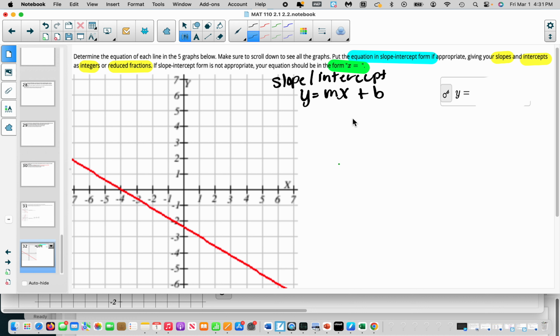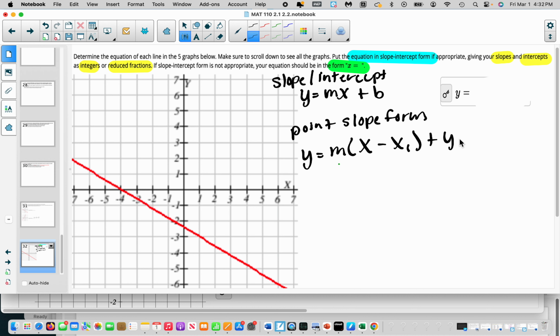If we don't have the intercept and slope offhand, we also have point-slope form that we can use. Sometimes we have to use both of them, if you remember from class. Point-slope form is y equals slope times x minus x1, plus y1.